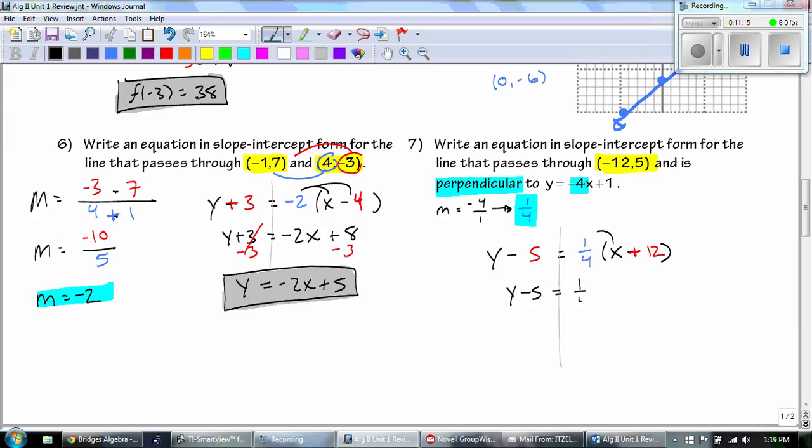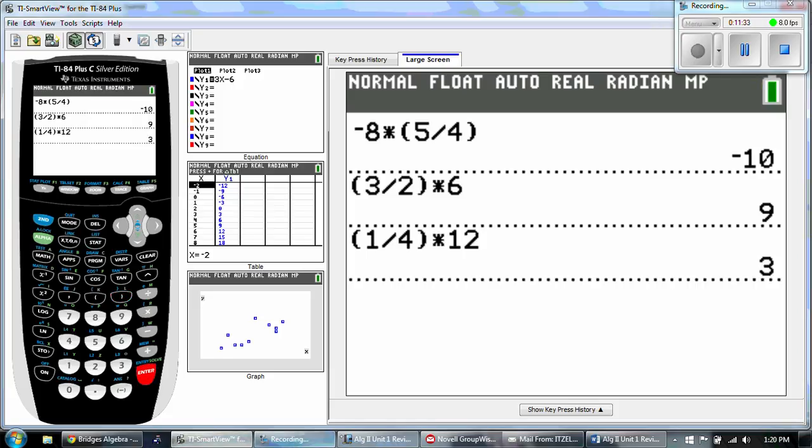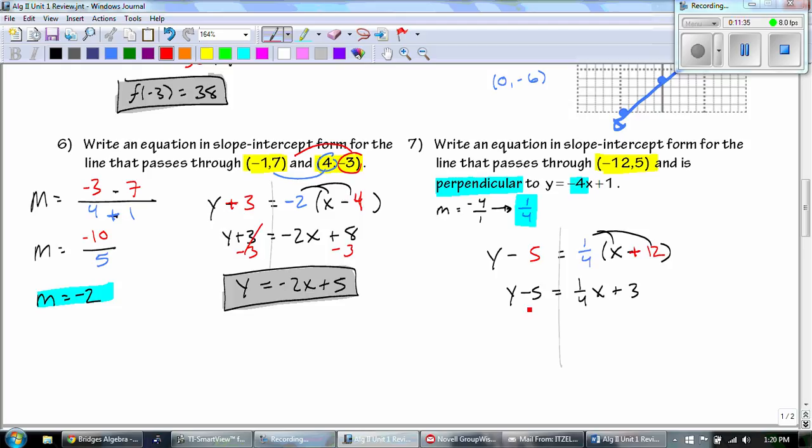As I'm distributing, that's 1/4 x. 1/4 times 12, well, 1 times 12 is 12. 12 divided by 4 is 3, right? Did I do that right? 1/4 times 12, 3. Good. And then add the 5 to both sides. We get y equals 1/4 x plus 8.